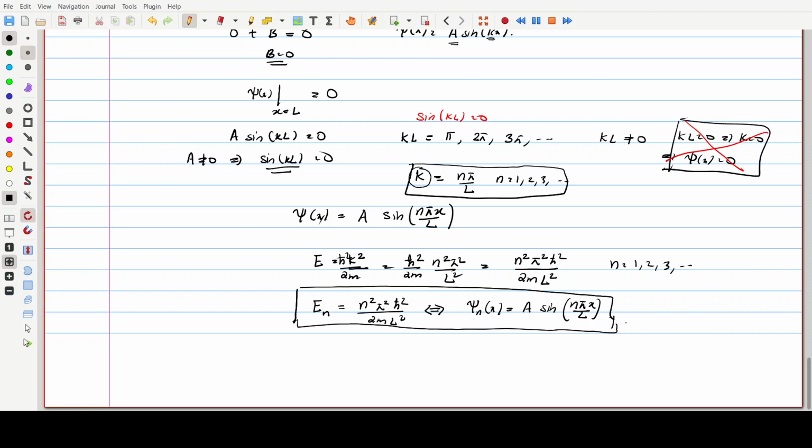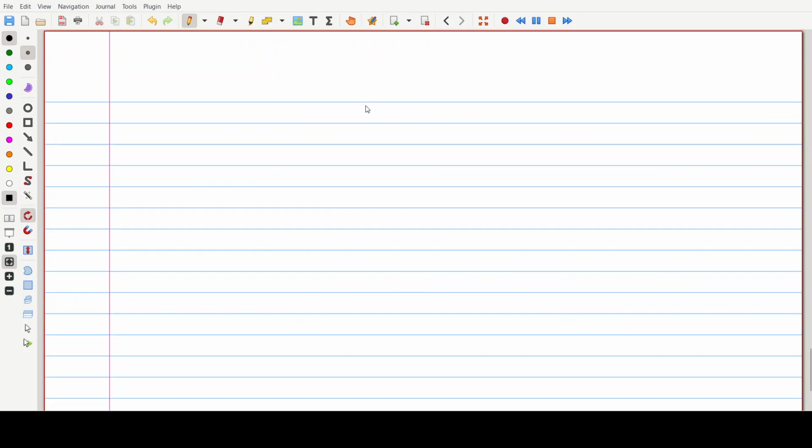Okay, so next we have to find the value of A, because psi n is A sin(n pi x by L). So A is one unknown quantity here. This unknown quantity we can find in terms of system parameters, and for that we are going to use the normalization condition.